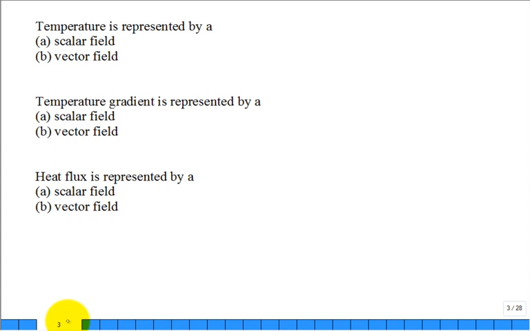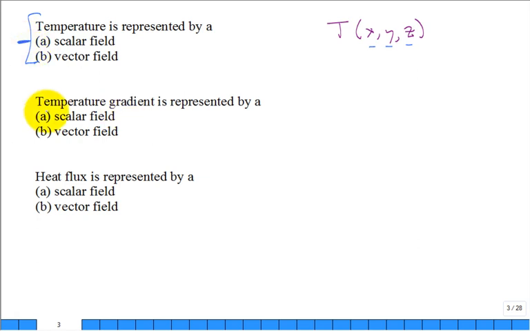So right away, you have temperature at location x, y, and z. That means at any location, if I knew the temperature distribution, I should be able to get a value for the temperature. So the temperature is either a scalar field or a vector field? It's a scalar field.